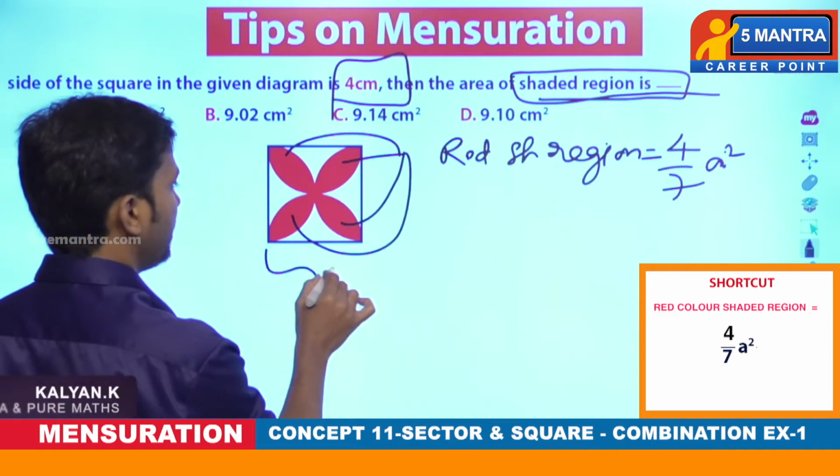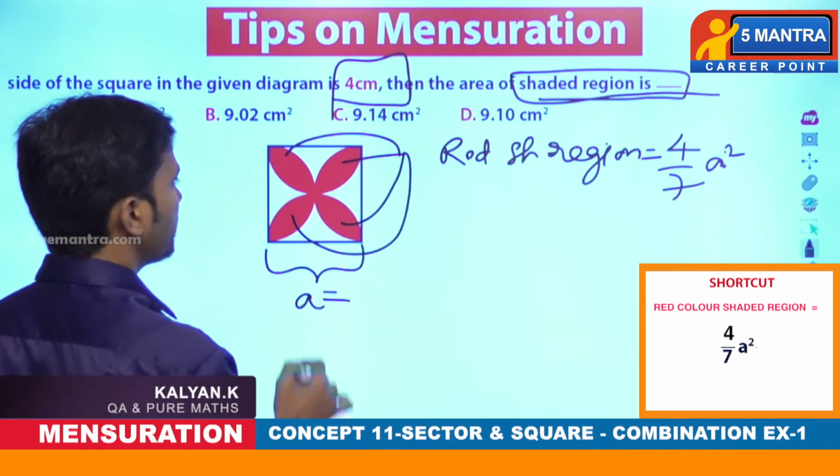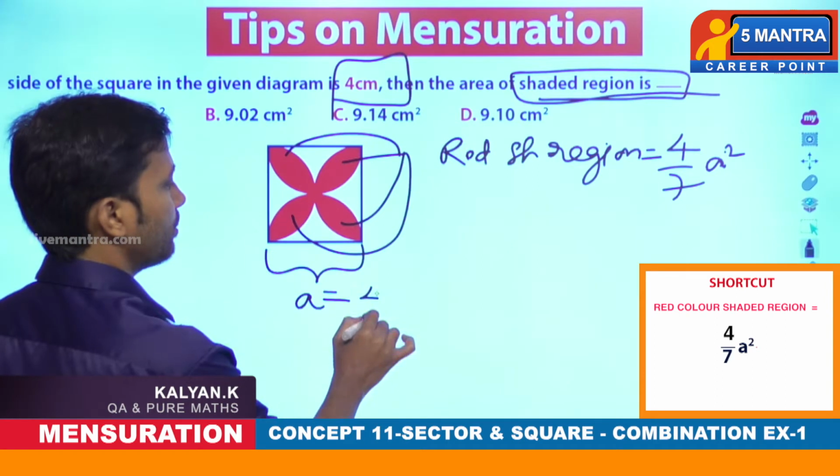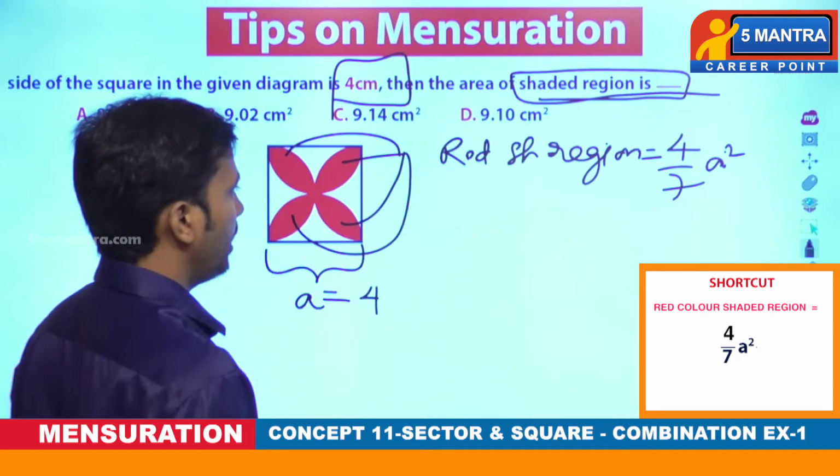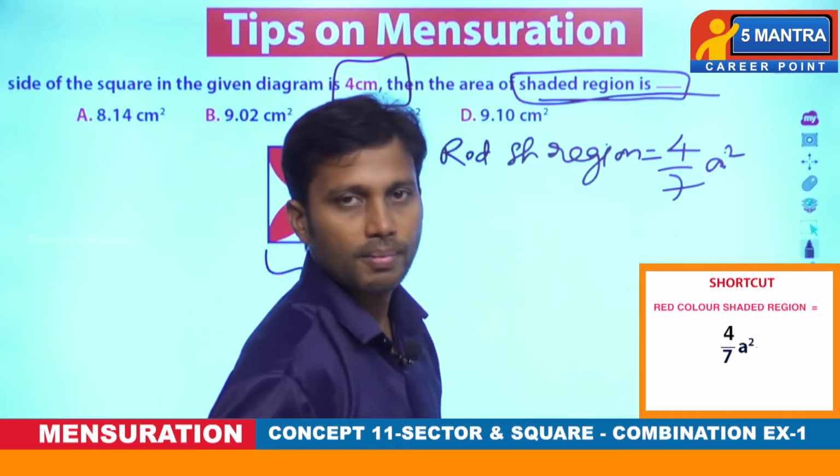Here A is a side and the value of the side is given as 4 centimeters. And we need to find out just this red shaded region.